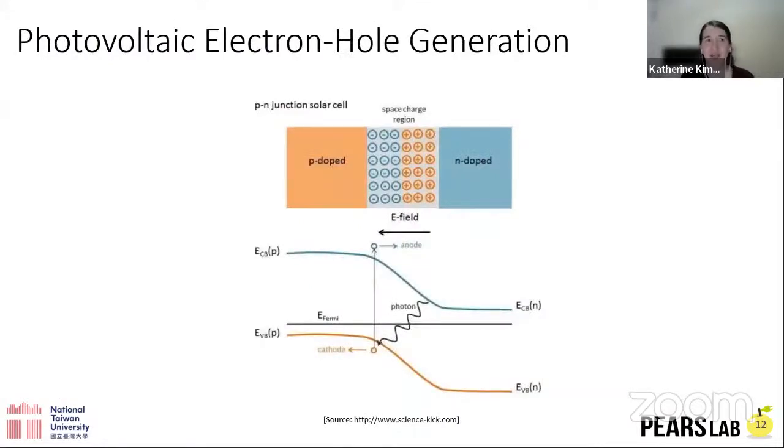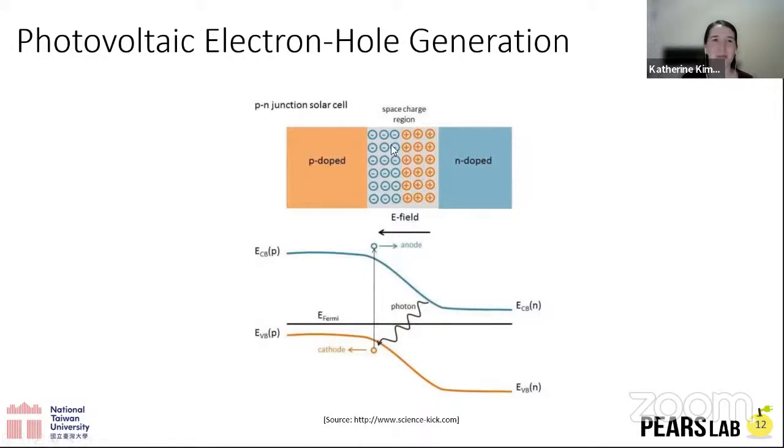And just from the electrical standpoint, how do they work? I'm just doing the really basic part. What we do is we take two different materials. One is p-doped and one is n-doped. This is also the same as a diode, actually. So a photovoltaic cell is actually just a very large, short, fat diode.